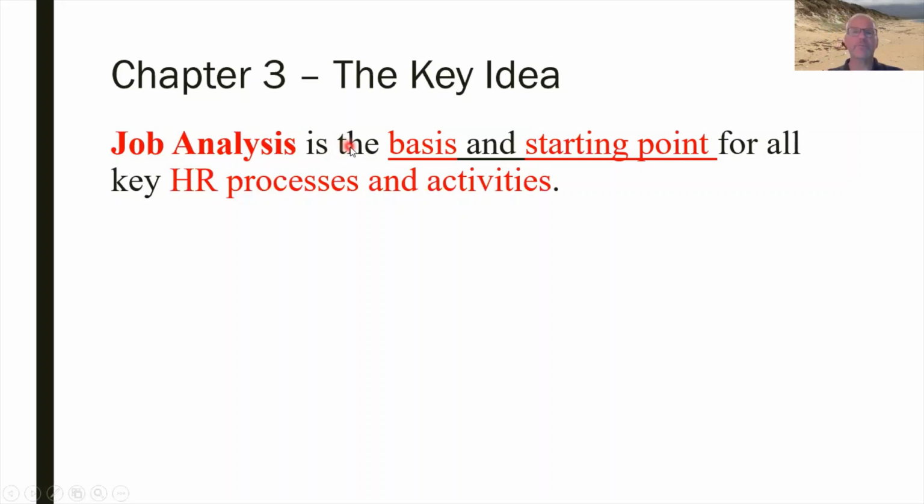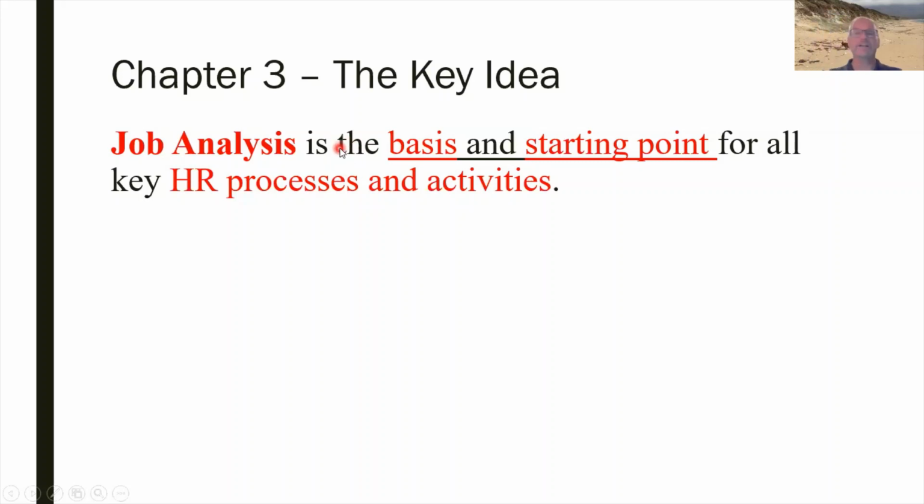How much is the job worth? If all they really need to do is take an order and put it into the system, the skills needed are far less than if we need somebody like a computer scientist or a PhD in sociology. So that deals with the chapter 7 stuff, which is compensation.